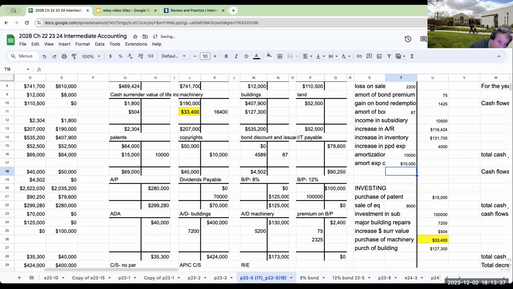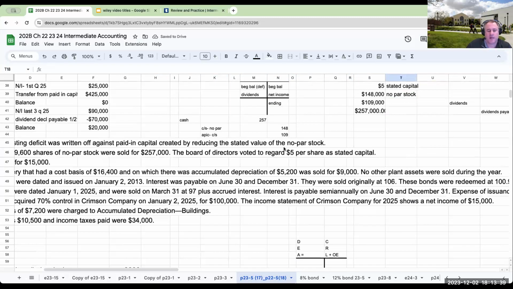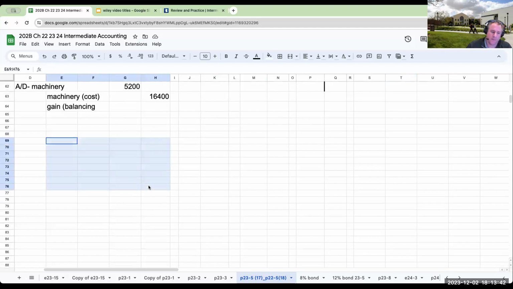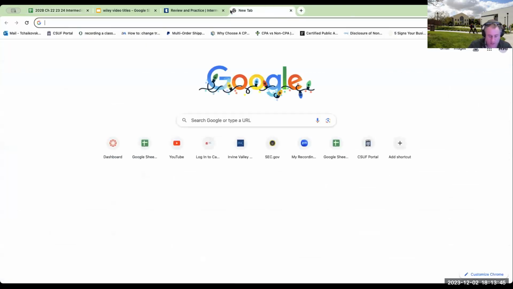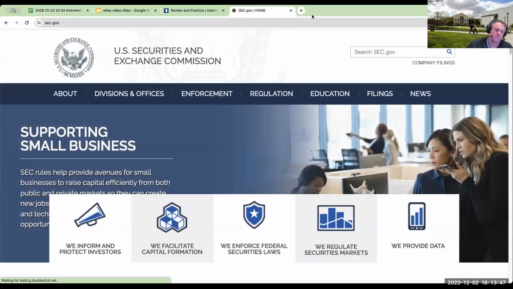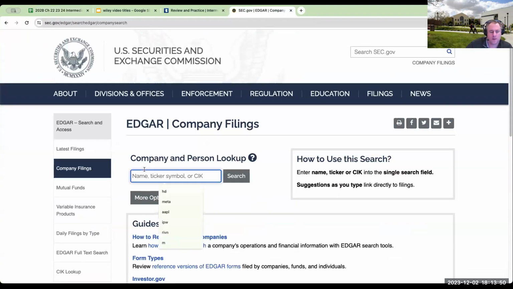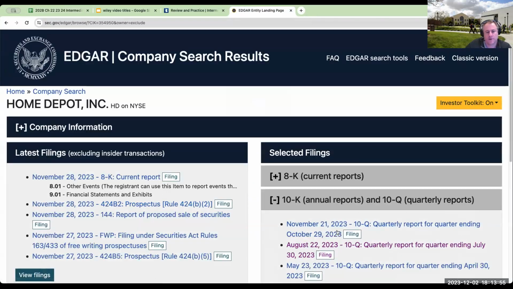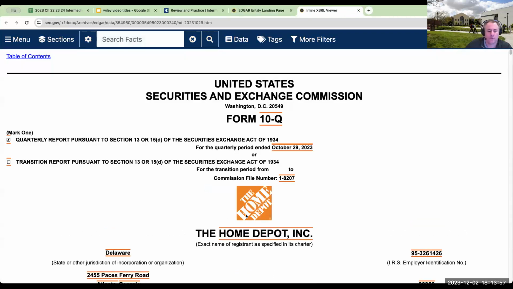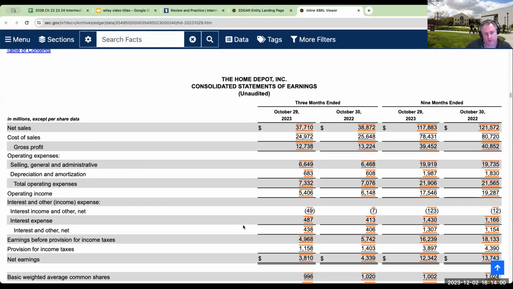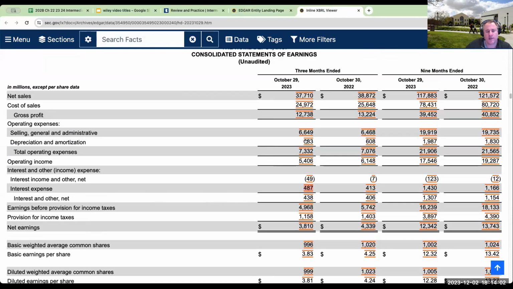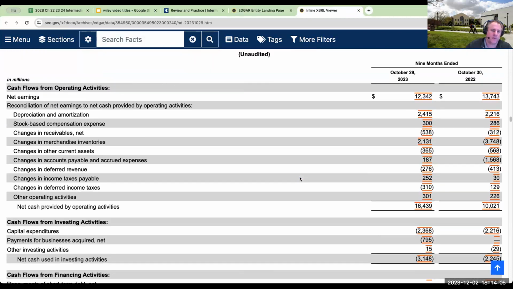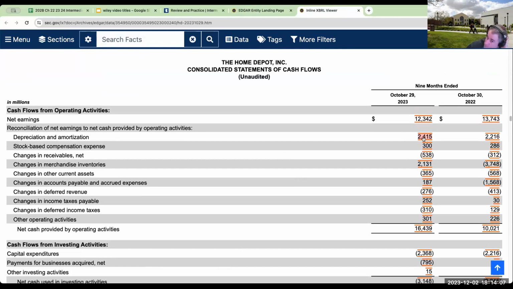Let's talk about this for a second. When I amortize a patent or a copyright, and if we look at any company, when it comes to any type of depreciation, amortization, or the like, what you're going to see on the cash flow is the depreciation and amortization. When we prepare the cash flow, you're showing this as an add back.